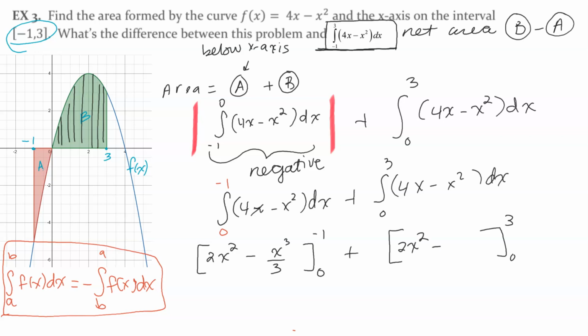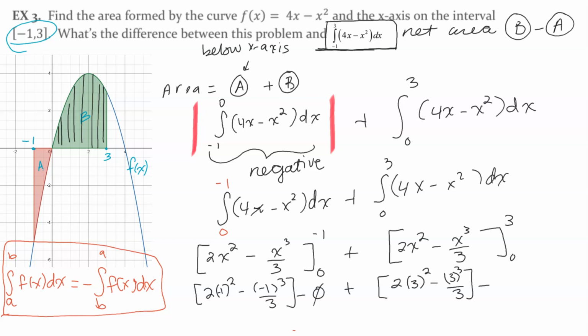Same here. When we do upper minus lower, we have 2 times negative 1 squared minus negative 1 to the third over 3, minus, when you plug in 0, we'll have 0 there, plus upper 2 times 3 squared minus 3 to the third over 3, minus lower, plug in 0, we'll have 0.